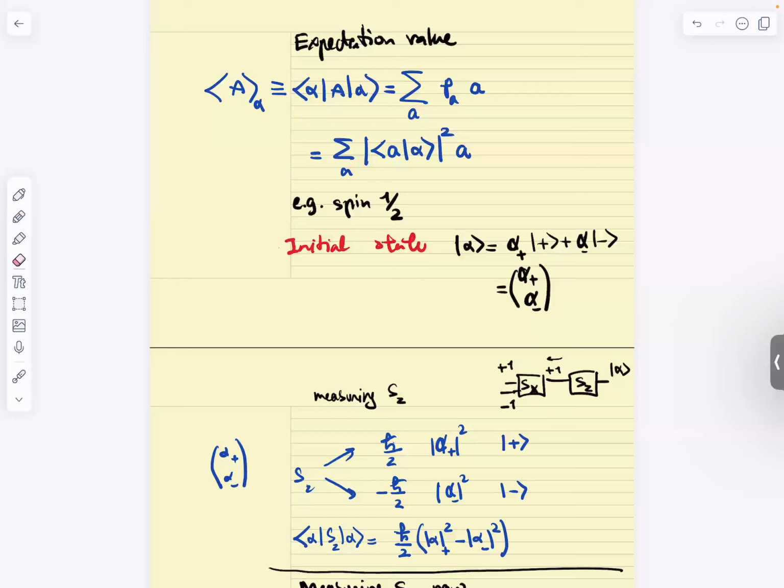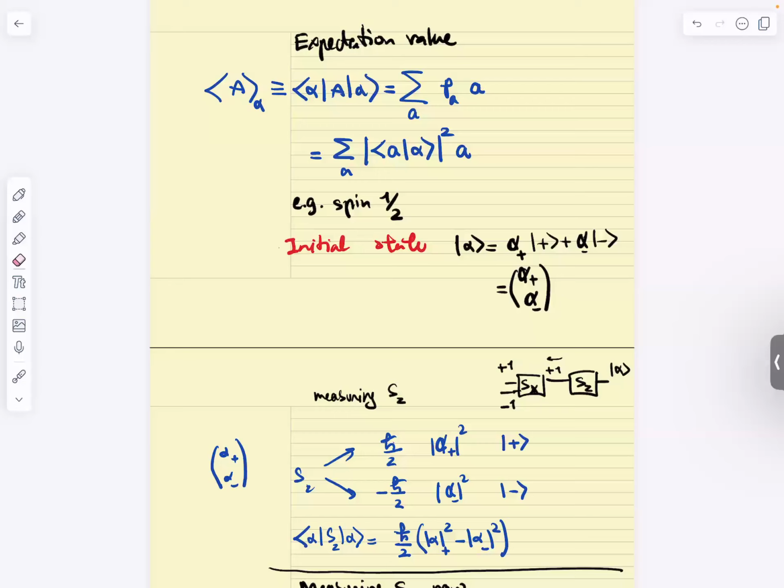So in summary, what we did today was we introduced observables. They are Hermitian operators. We said that their eigenbasis forms a complete basis that's orthonormal. The eigenvalues are real. The eigenvalues are the measured values that we see in measurements.